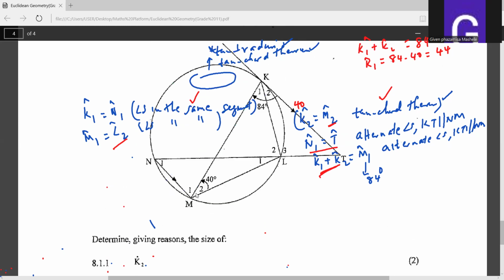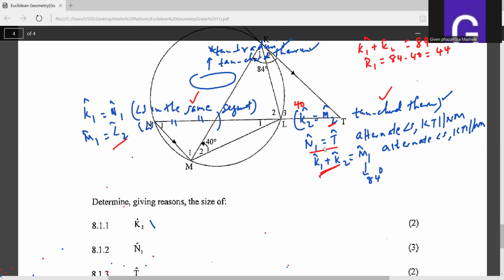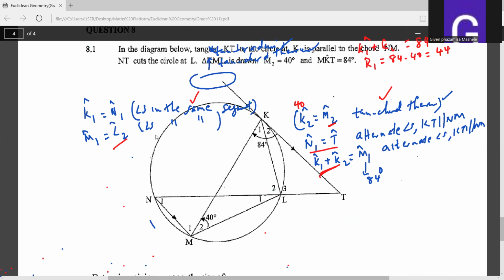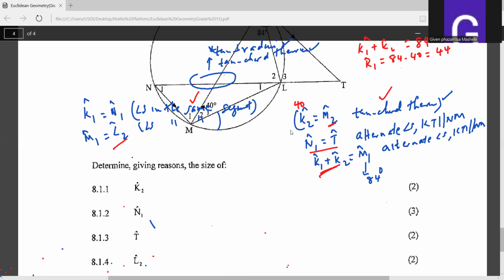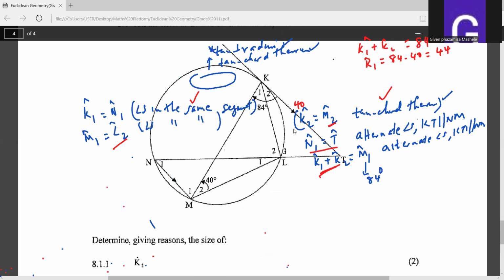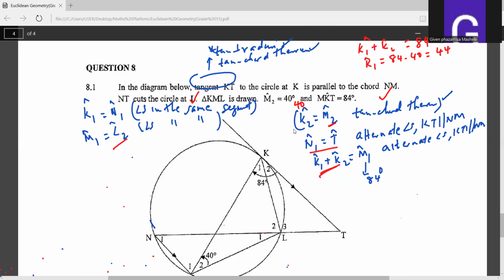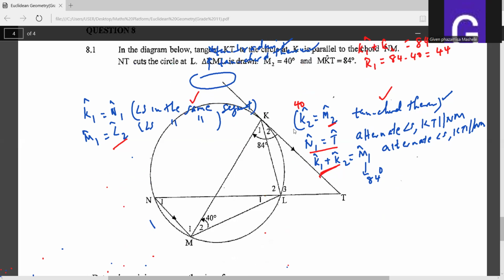Angle T equals angle N1, alternate angles. So T is also 44. L2 is straightforward. L2 equals M1, angles in the same segment. And what is M1? M1 is 84.